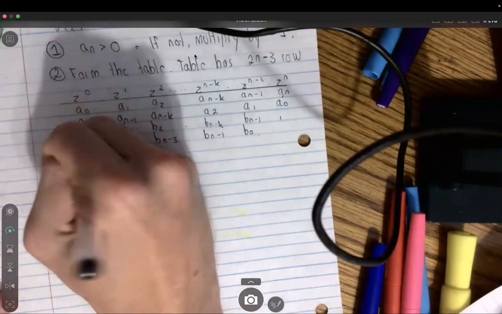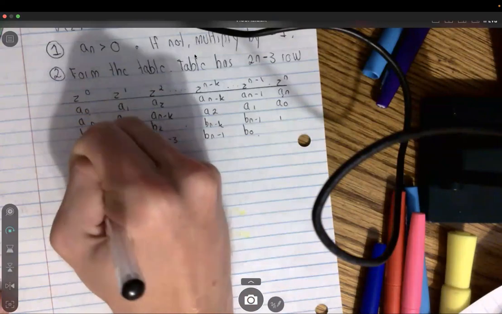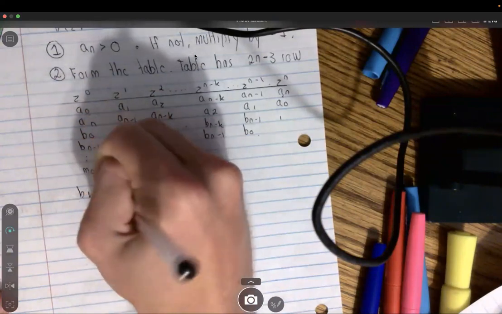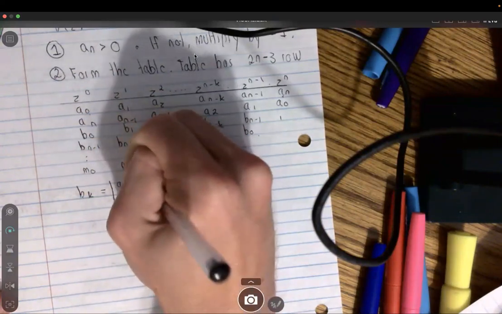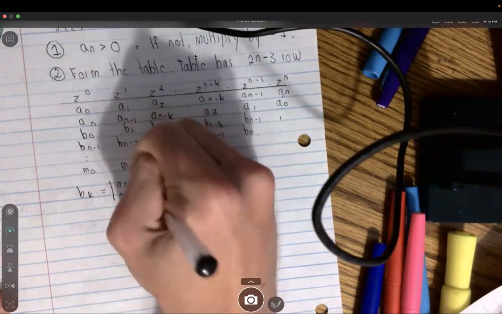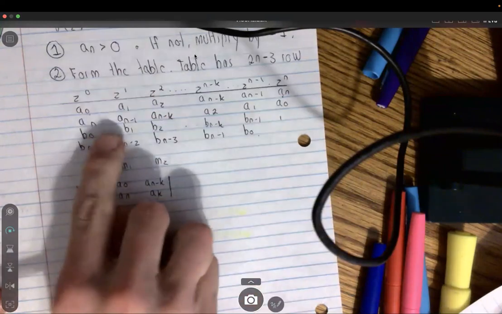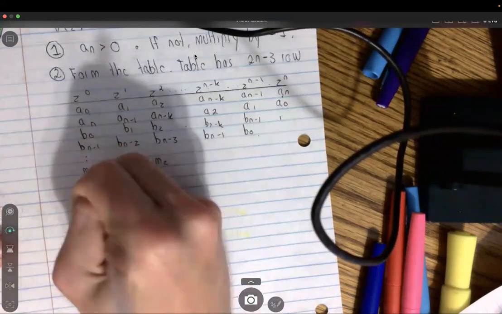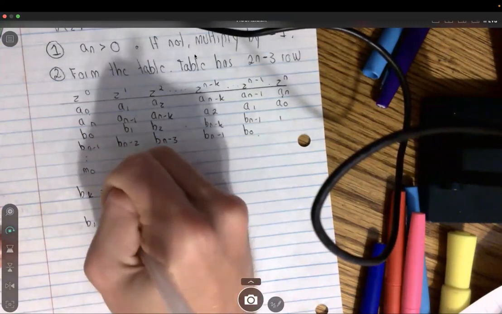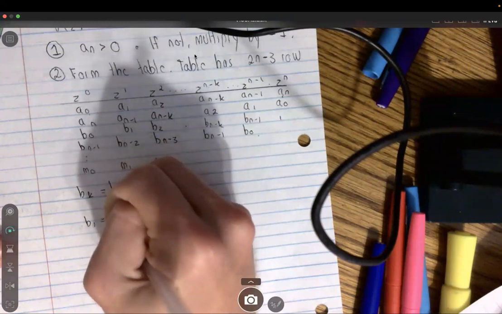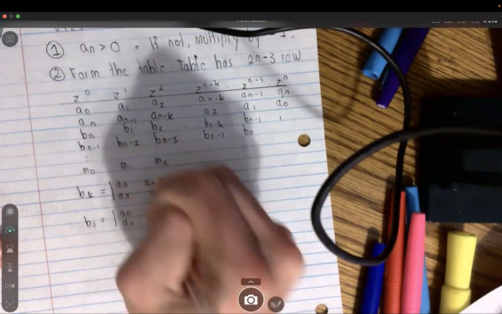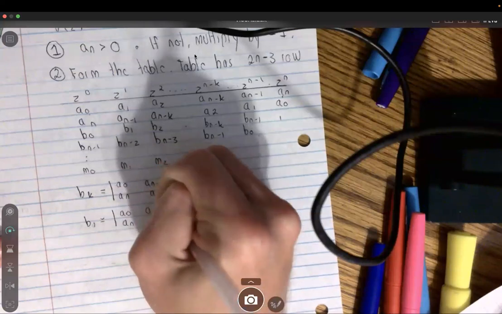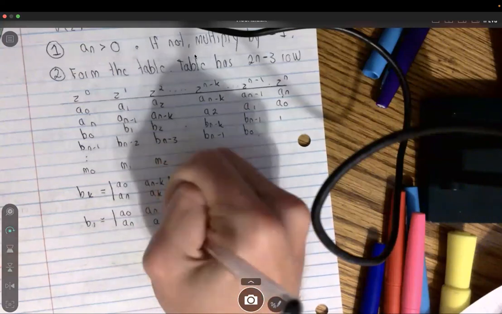So what you need to remember is your B of K is going to equal the determinant of A0, AN, and then A of N minus K, and then your AK. So if I have to solve for, let's just say B1, it would be A0, and then we're looking at A, N, then it'd be A of N minus 1, and then A1, okay?